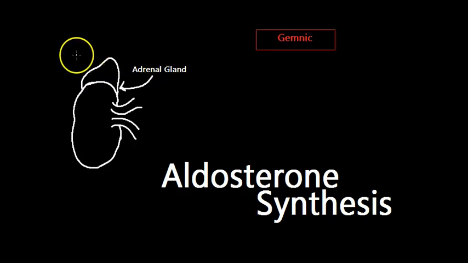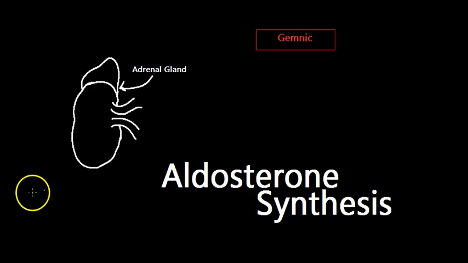This is a rough sketch of the adrenal gland, and the adrenal gland basically sits on top of our kidney. Notice that the production of this hormone happens in the outer layer of the adrenal cortex, which we call the zona glomerulosa. Because we made mention earlier, we said the adrenal cortex is divided into three zones.